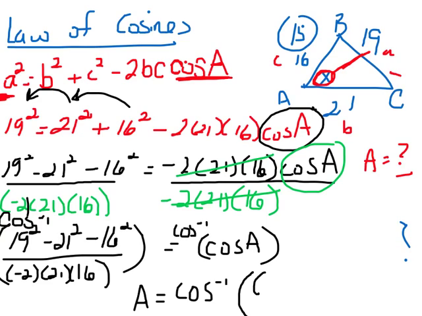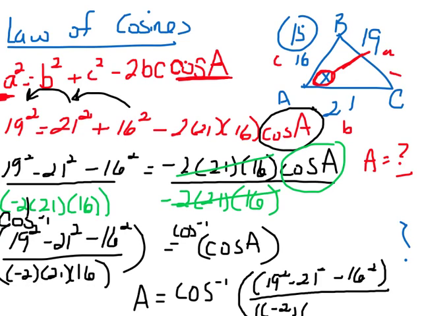I have to put the top all in a set of parentheses to tell the calculator the top all goes together. And then when I get done with that, I'll hit the divide sign to show the fraction bar, and on the bottom I'm going to put all that in parentheses. I'm going to put negative 2 times 21 times 16.